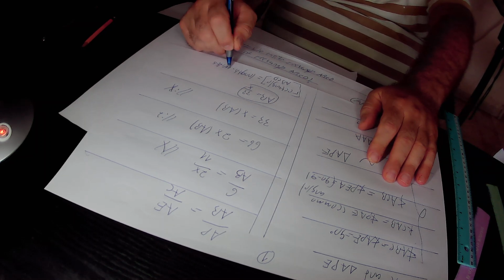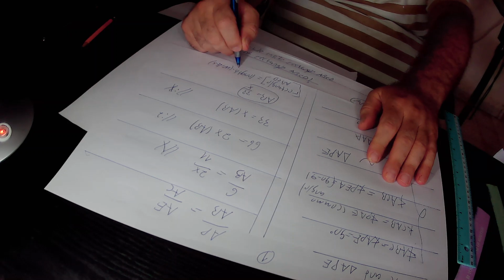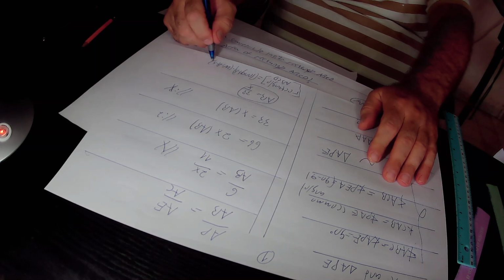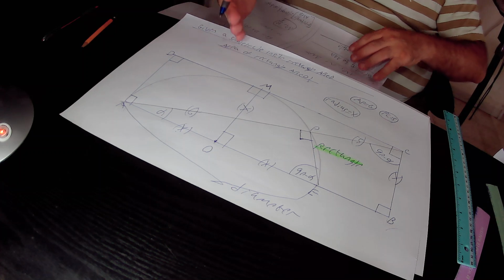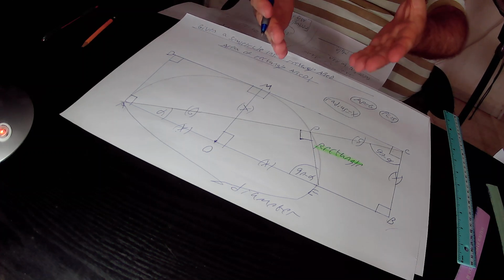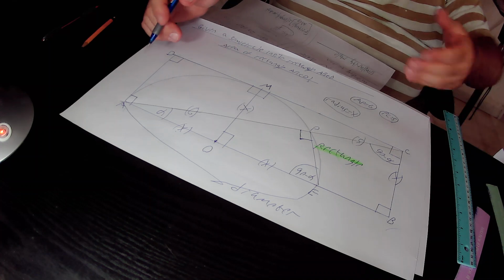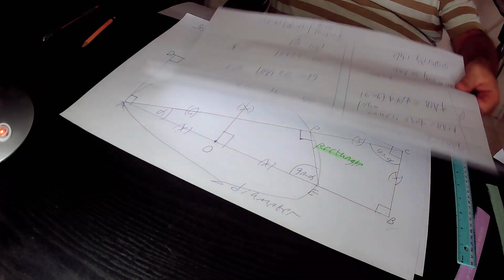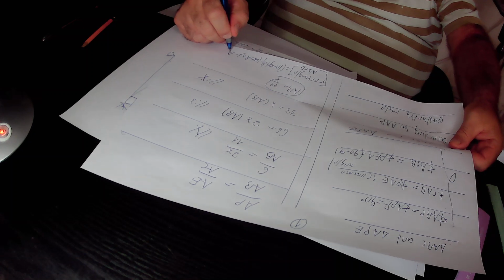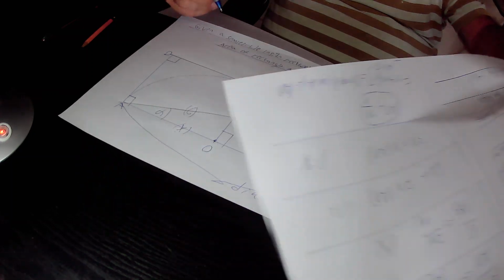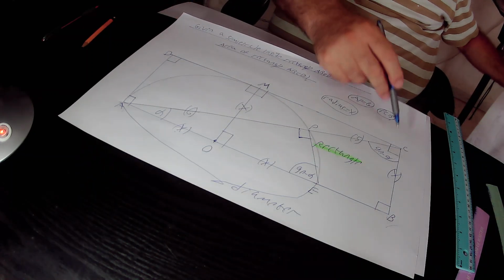Repeat again, the area of a rectangle equals the length of the rectangle times the width. And therefore, the area of this rectangle ABCD must be equal to the length of this rectangle ABCD times the width. The length of this rectangle ABCD is AB, and the width is CB.